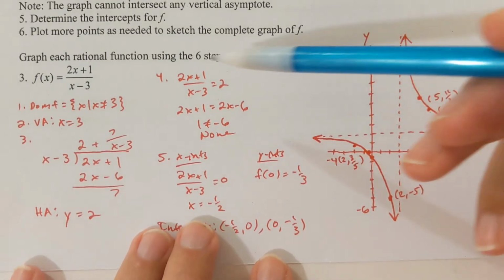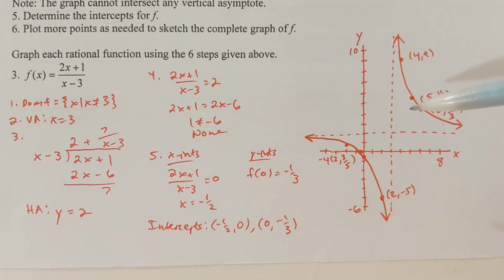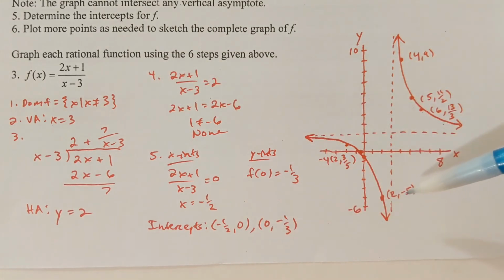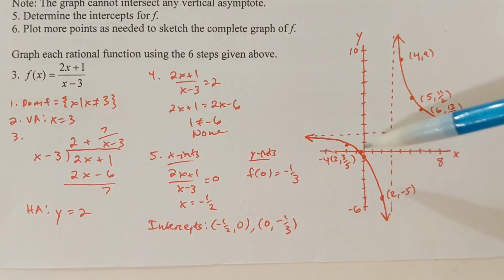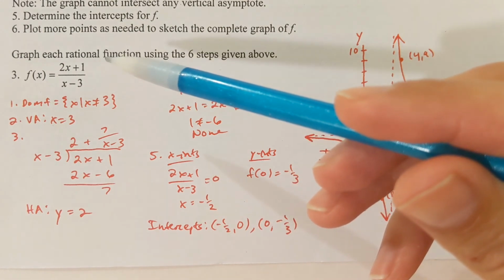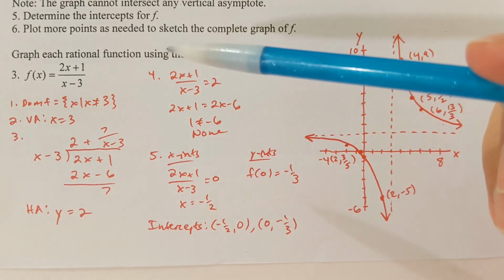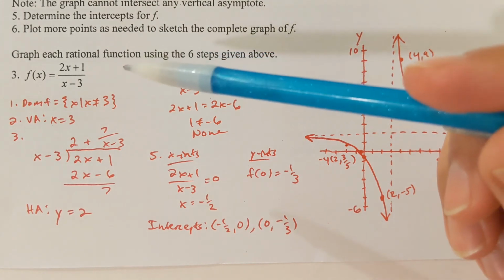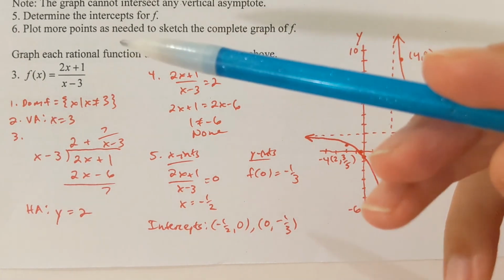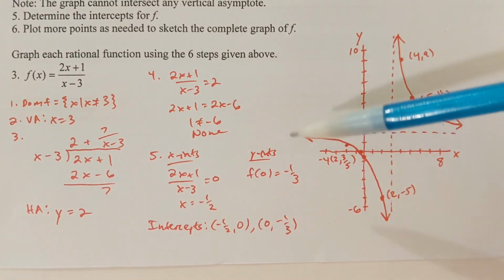So here's where step 6 comes in handy. I'm going to plot more points, and I know that the graph has to flow with the boundaries. If x is 2, then I get 5 divided by negative 1, which is negative 5. So 2, negative 5 is on the graph. If x is negative 2, negative 4 plus 1 is negative 3, divided by negative 5 is positive 3/5.